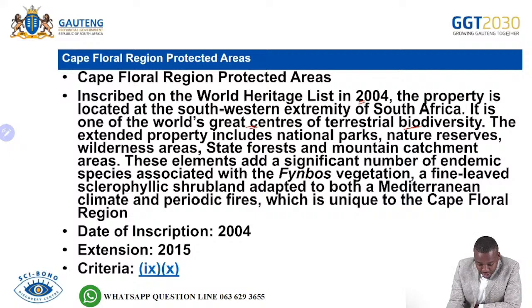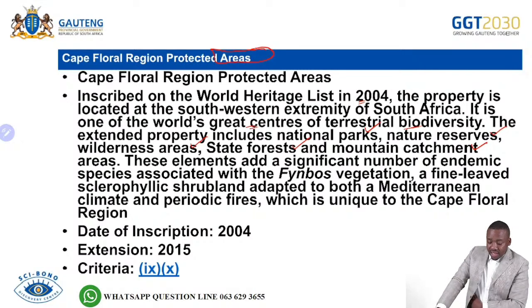The extended property includes national parks, meaning when you go here, hence they are saying protected areas. It includes national parks, nature reserves, wilderness areas, state forest, mountain catchment areas, and so on.